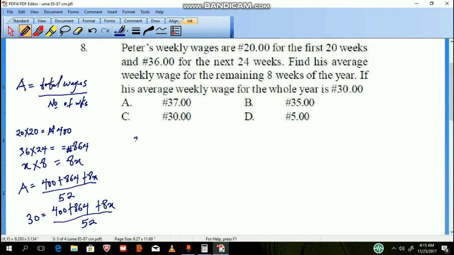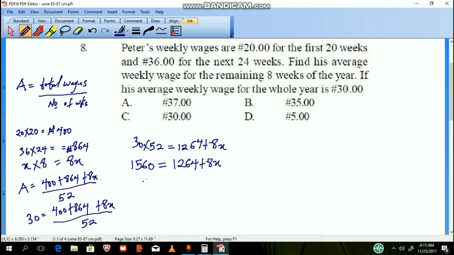If I cross multiply, I'll have 30 times 52 equal to 400 plus 864, that will be 1264 plus 8x. So 30 times 52, that will be 1560 equal to 1264 plus 8x.